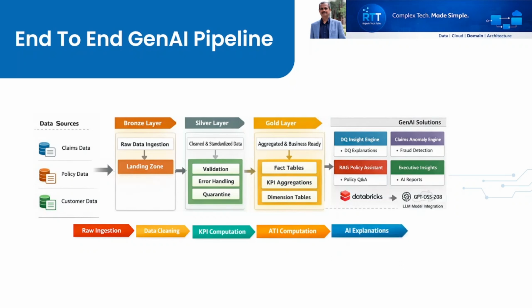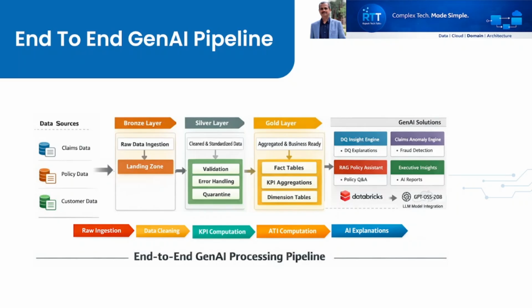And the last part of the flow is the AI explanations, meaning all the applications which we have built after the gold layer as part of the GenAI solution will explain and do their own job for what they are meant to. So this is the full life cycle of modern data and AI systems, and we call it an end-to-end Gen AI processing pipeline. Each step adds more value to the data.